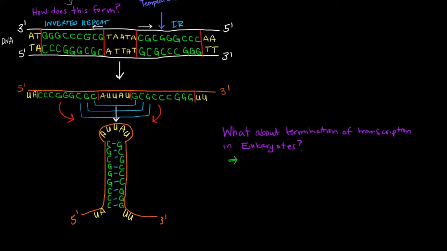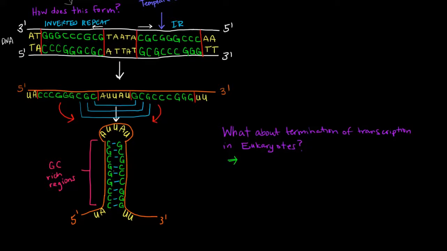And typically something to note about this is that usually these are very GC-rich regions. Why would that make sense? Well, GC base pairs have 3 hydrogen bonds. AU base pairs have 2 hydrogen bonds. So if we want to make sure that this hairpin loop stays together, it would make sense that the GC base pairs make up at least most of it.